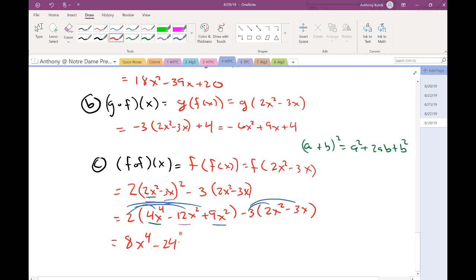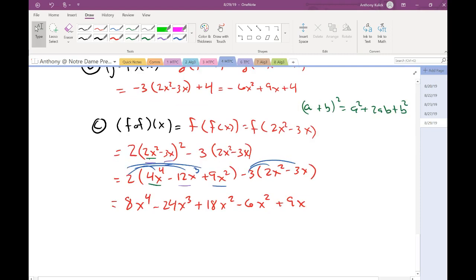Why did I write squared there? How come nobody was yet hollering at me that that's supposed to be a 3? Thank you. I appreciate you paying attention. Okay. And then if I finish up combining like terms, I'm left with this as my final answer.